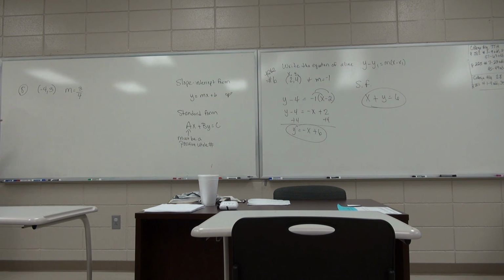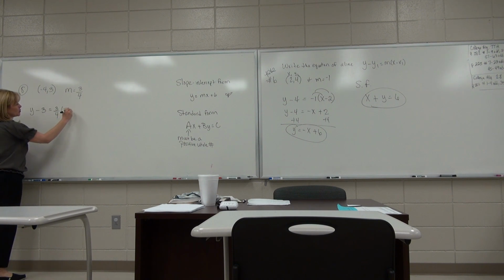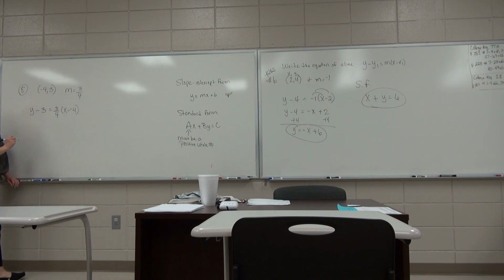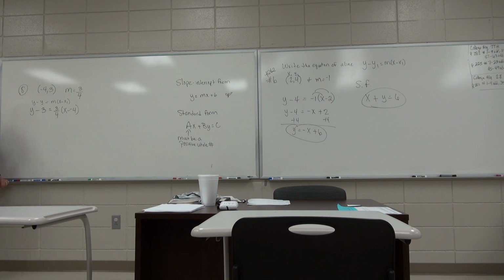So we're going to plug directly into my point-slope formula. It's going to be y minus y1, which is 3, is equal to 3/4 times x minus x1, which would be x minus a negative 4. Remember, this is your x1, y1. Everybody okay? Plug it in.